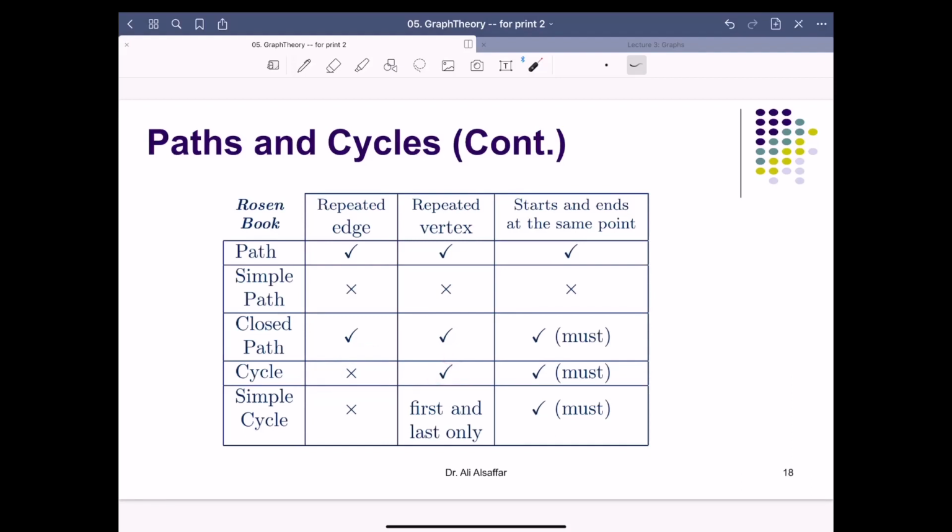Again, for simple path, if we don't have repeated vertices, then automatically we will not have repeated edges. But if we don't have repeated edges, not necessarily we don't have repeated vertices. And to be closed, the first and last one should be the same. Now, finally, simple cycle. It should be a cycle, so no repeated edges. At the same time, no repeated vertices except the first and last one because it is a cycle.